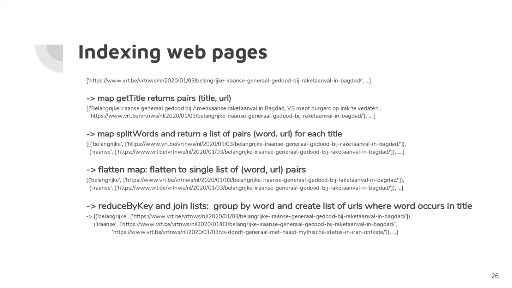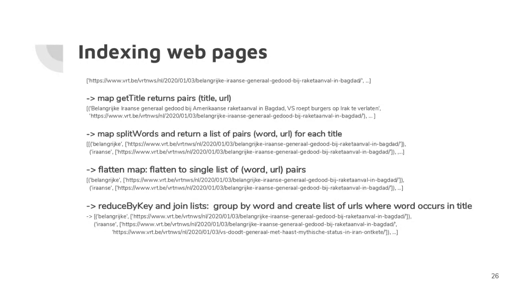That's a flat map, where you create a single list of all the words that occur in any URL and associate with each word the URL where it was contained in the title. Okay. And then finally we have the reduce by key, and then a reduce function, which is just joining the lists.